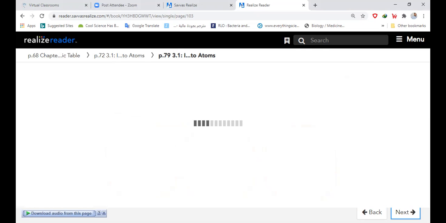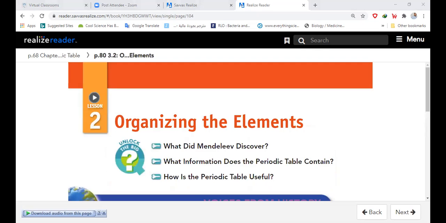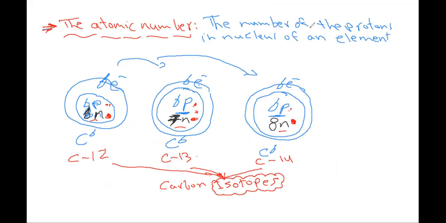Take out your copies, please, and start writing this, the atomic number, and then I want you to write the atomic mass.